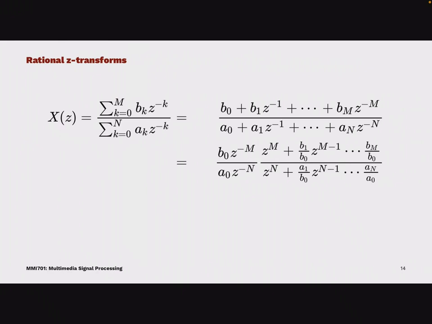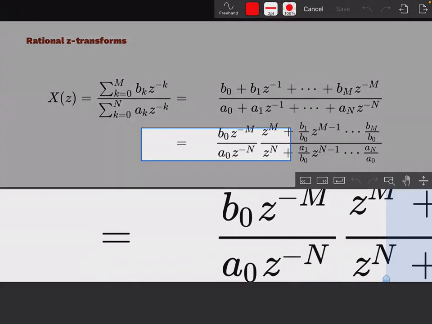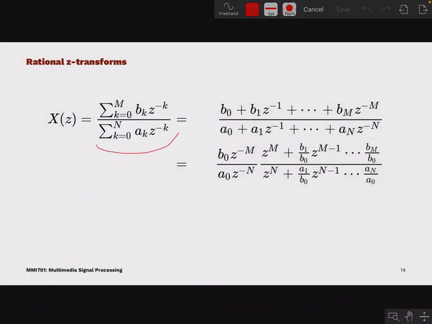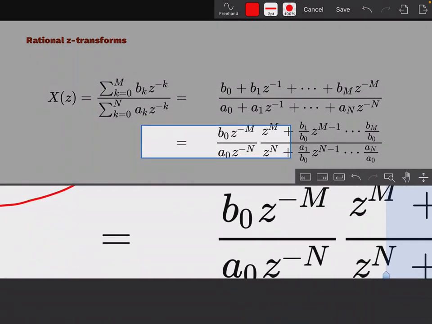And if you want to write this rational form in open form, we end up with this expression. And if we divide the numerator by z to the power minus m, so if we are dividing this polynomial by z to the power minus m and this polynomial by z to the power minus n, we end up with an expression which looks like this.